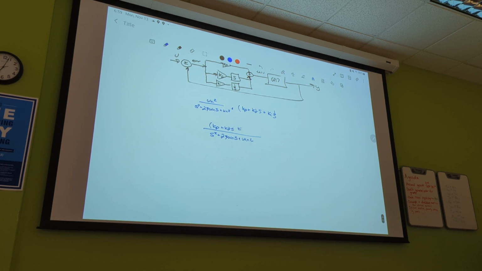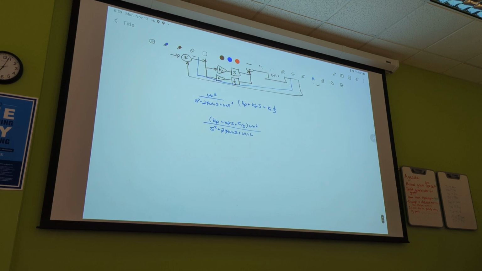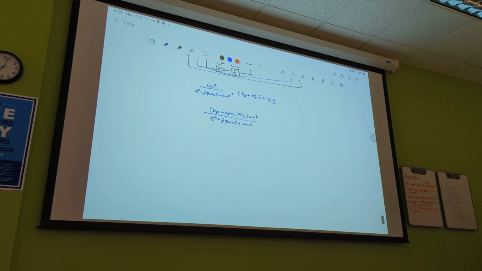So, ki over s, and then we'll make it n squared. One thing I'm going to do first is multiply the top and bottom of this transfer function, which represents this whole transfer function right here, by an s, just to get rid of that ratio in the numerator.